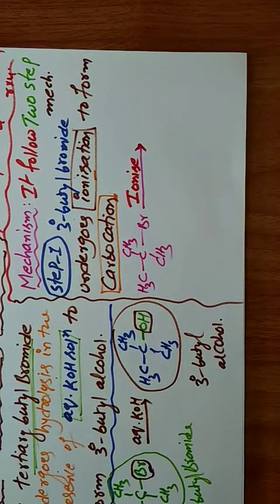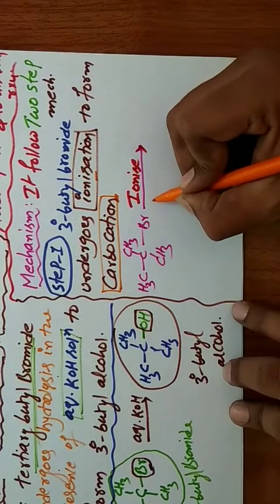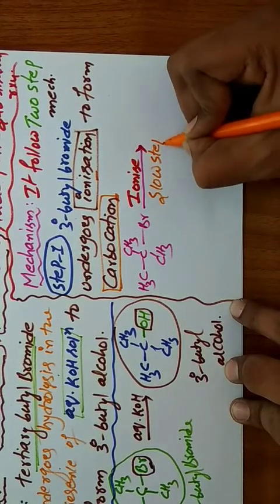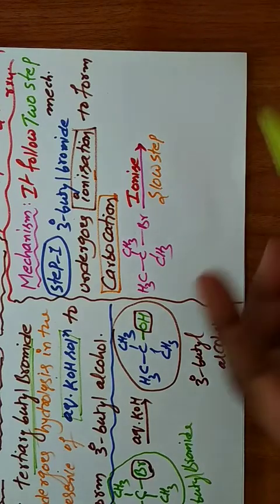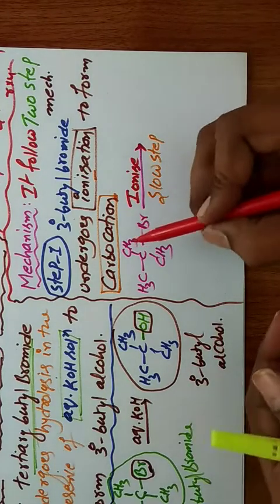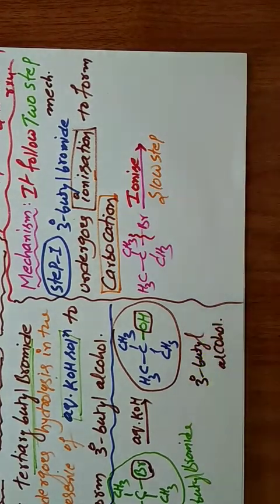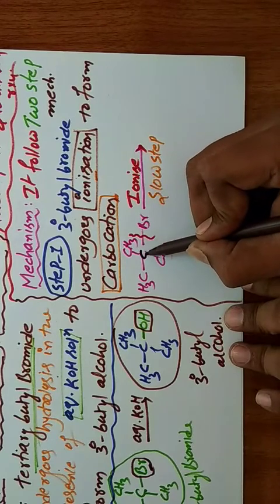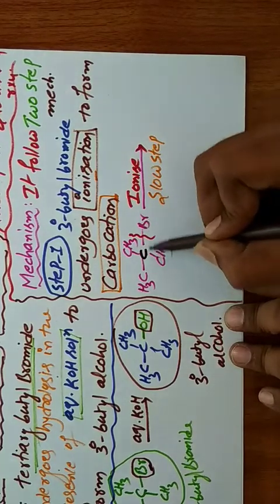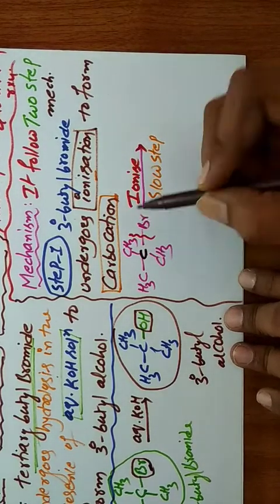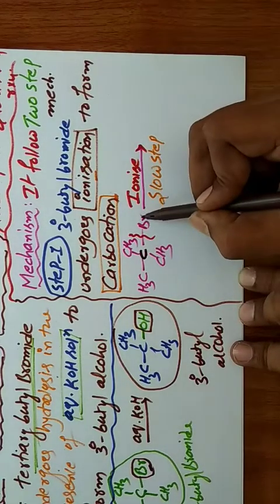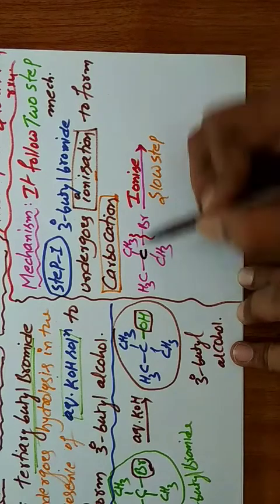And one more thing, this is the slow step. Whenever it is involved in ionization, this bond will be broken, this bromine-carbon bond. This is the carbon, and this is the bromine, which is more electronegative. Bromine is highly electronegative compared to carbon. That's why we get Br minus, and the carbon gets a positive charge.